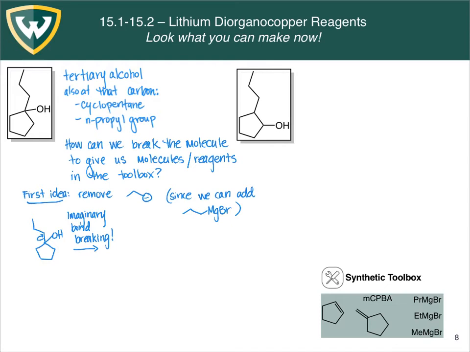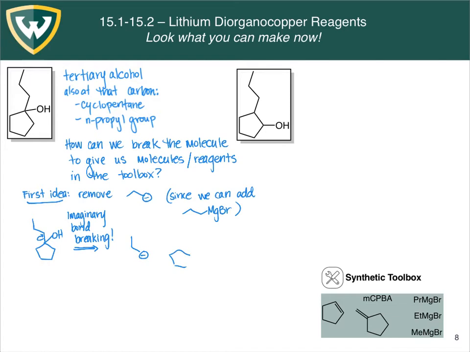And when we do this kind of backward step, it's called a retrosynthetic step. And so we don't use this kind of arrow, we use this kind of arrow. That just distinguishes whether we're trying to build something or break something. So this is the bond breaking arrow. Okay, and if we break that bond, we're going to make propyl anion, which is what we're trying to do.